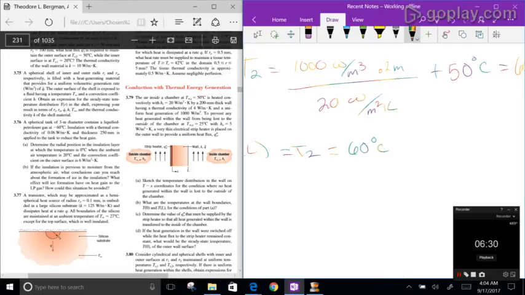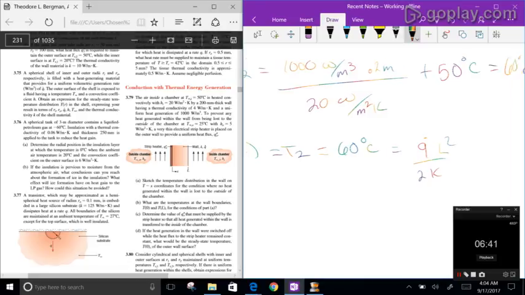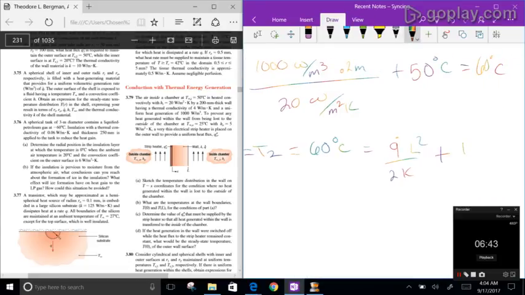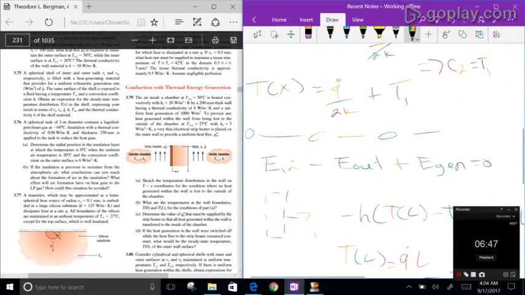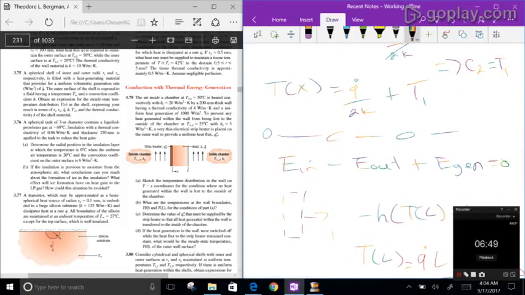Then we can solve for T1 with the new equation, which is minus q dot over 2k times L squared, because we're plugging in L for x, plus T1. Sorry, that's a minus right there. I forgot it up here, and I forgot the x squared. Sorry, guys.